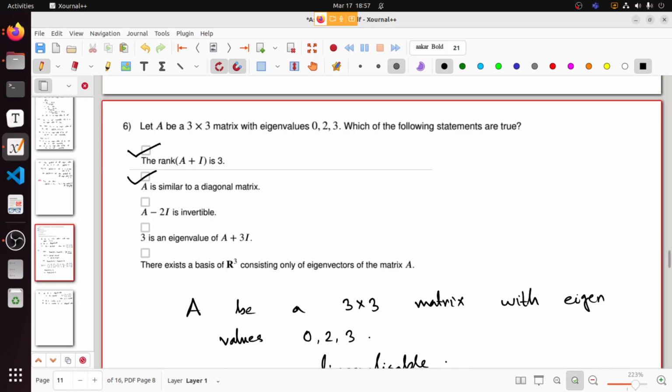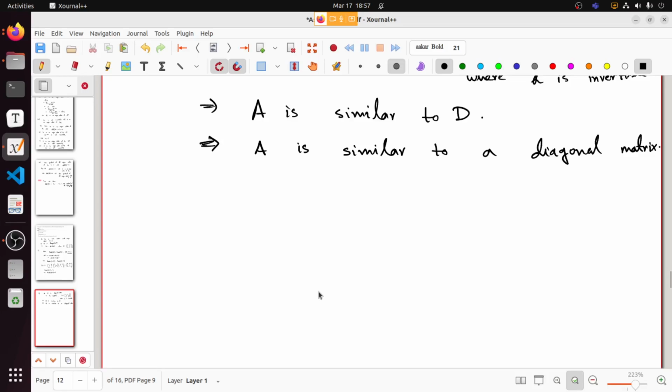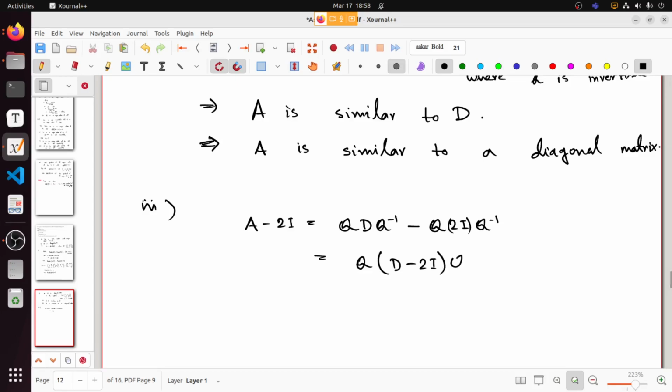Option number 3 says that A minus 2I is invertible. So let's check it. What will be A minus 2I? As we have done earlier, A can be written as Q D Q inverse, and 2I you can write as Q 2I Q inverse, so this is Q (D minus 2I) Q inverse.